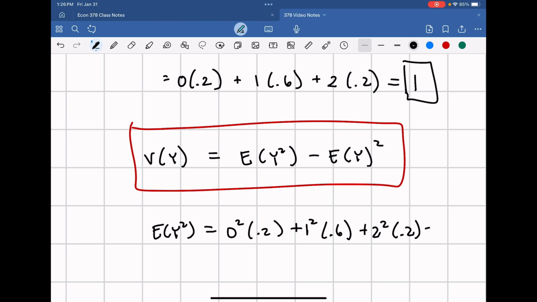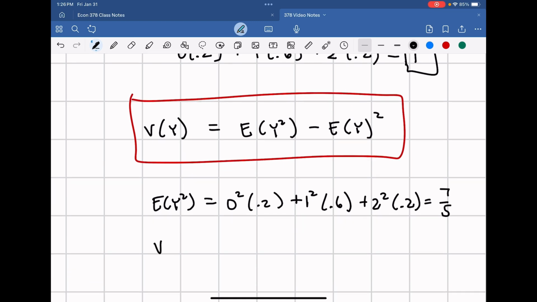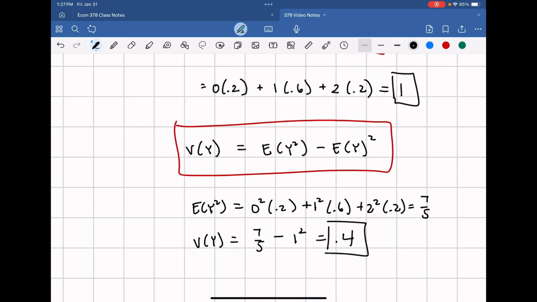And this is equal to 7/5. Therefore, the variance of Y is equal to 7/5 minus 1 squared, and that will equal 0.4. So there's my answer for the variance.